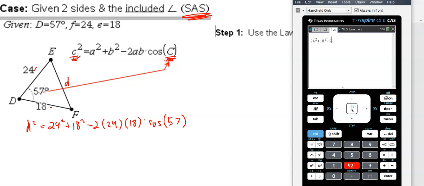I'm looking at the top corner of my screen, minus 2 times 24 times 18 times cosine of 57. And I want a decimal, so I'm going to put a decimal in there. There we go. So d squared equals 429 point.